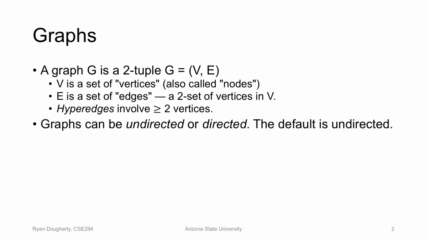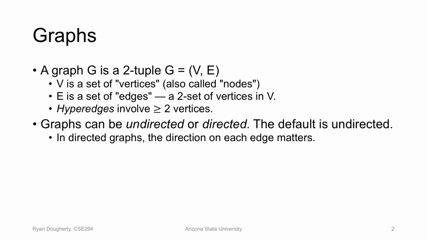It's just for completeness. You can have undirected or directed graphs. By default, I call these undirected graphs. In directed graphs, suppose that I have an edge connecting vertex u to v. Well, for undirected, it doesn't matter which way we go, but for directed, the direction actually matters.